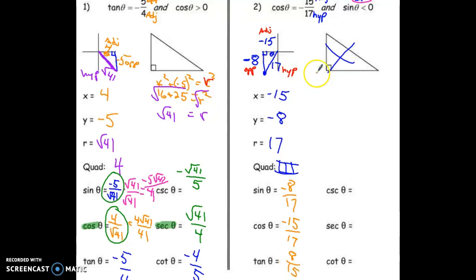Again, the tangent is positive in the 3rd quadrant. Notice negative, negative, and positive. To get these 3, folks, all we have to do is flip them. And we have a negative 17 over 15, and finally 15 over 8. There you go, folks. Hope you like it. Thanks.